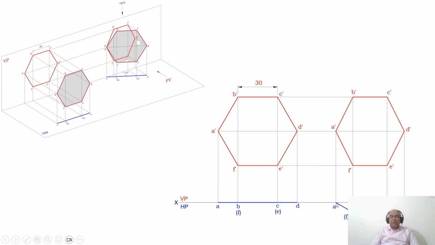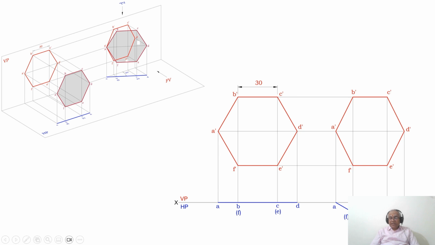So you consider a corner, then by using the protractor you measure an angle of 30 degrees with respect to the XY line on the bottom side, that is clockwise, then draw an inclined line passing through that 30 degree line. Then you measure the distance from A to D using the compass and transfer it from A onto this 30 degree line, and you mark that point as D. Similarly, you measure the distance from A to C, which is the same as D to B. With A as center, cut an arc on this.